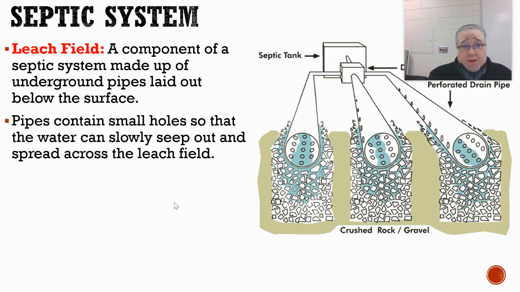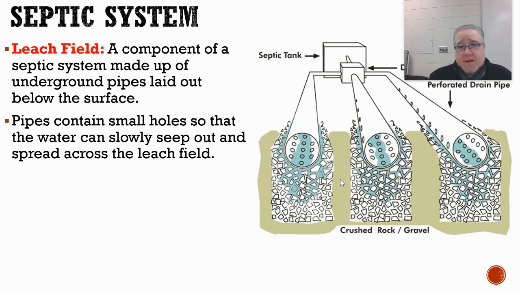You'll notice that in these pipes there are little tiny holes. Whatever water comes through those holes is controlled by gravity, and all that water is just going to drain out into that field. When they engineer these leach fields, they lay down a whole bunch of rock or crushed gravel, maybe limestone.